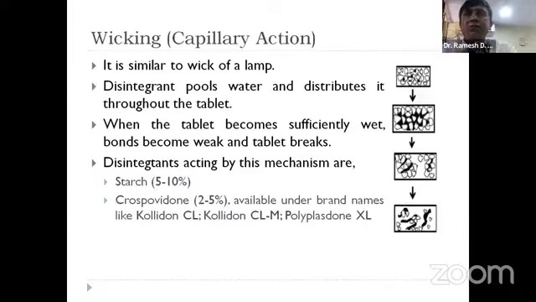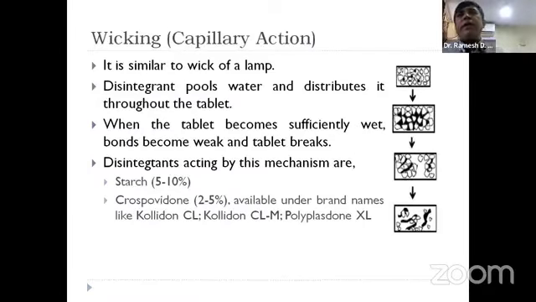It provides the light. The same mechanism takes place over here. The disintegrants are distributed throughout the tablet mass. They will pull water and distribute the water throughout the tablet, and they will break the bonds because of the wetting, and thereby they will help in disintegrating the tablets.